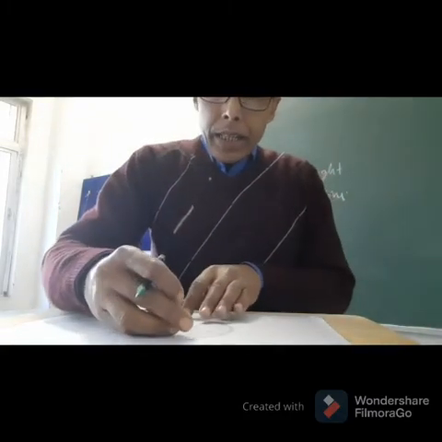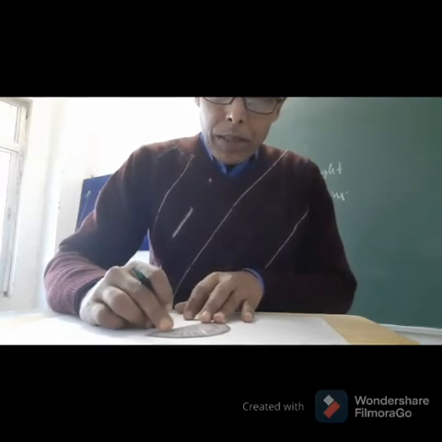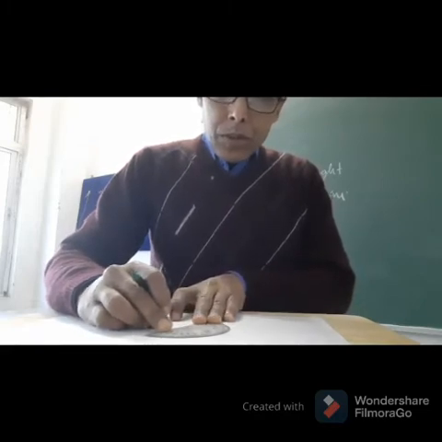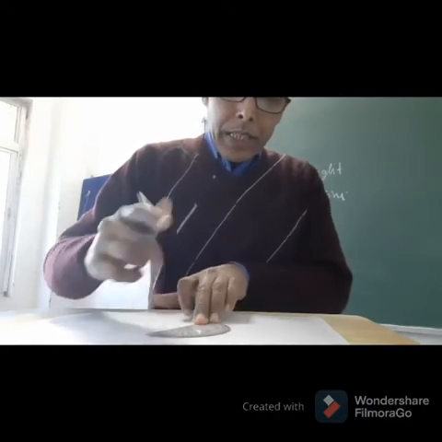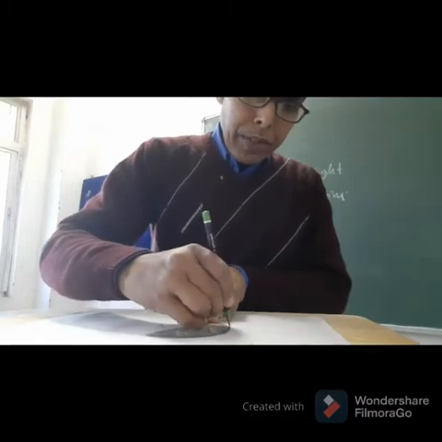Now we make a 45-degree angle of incidence with the normal. So here we have to make the 45 degrees: 10, 20, 30, 40, 45.